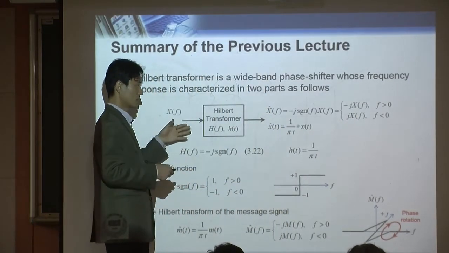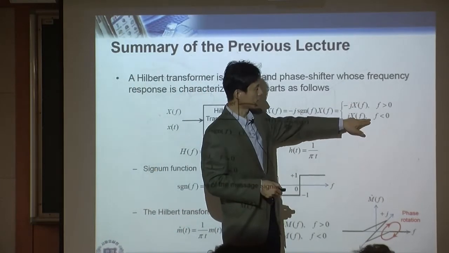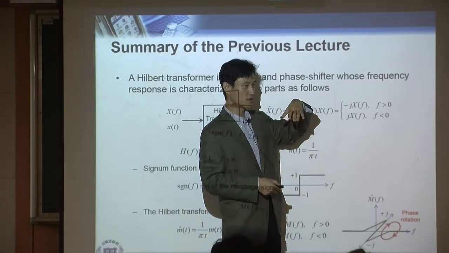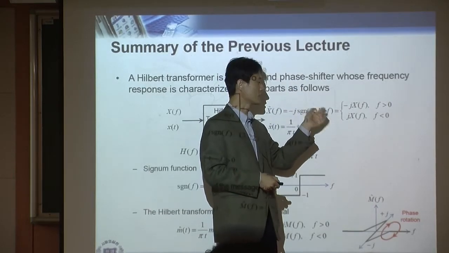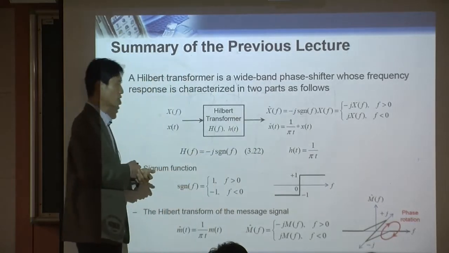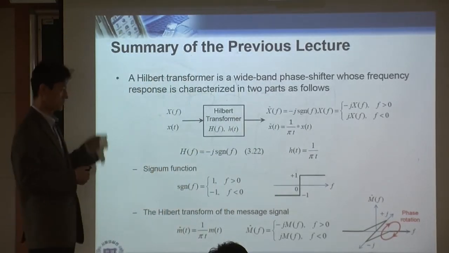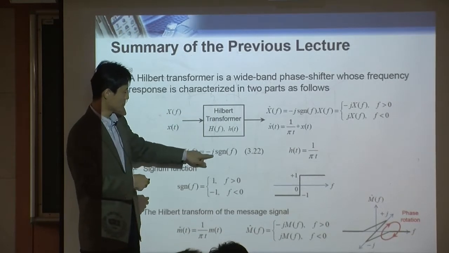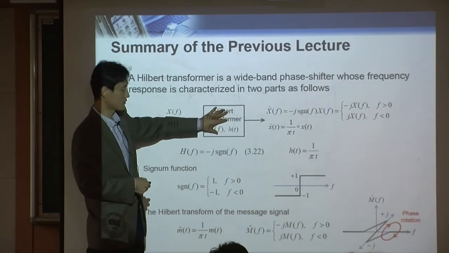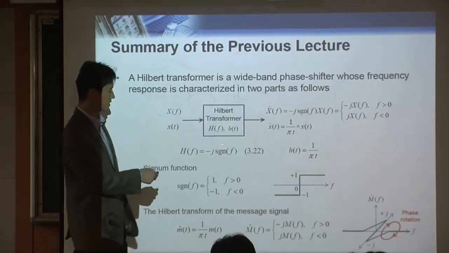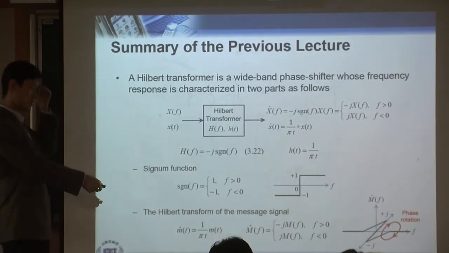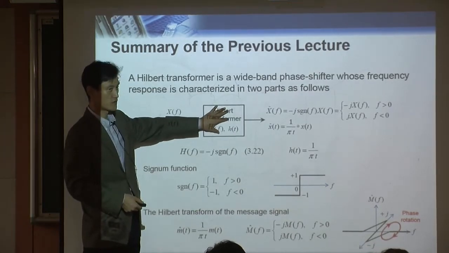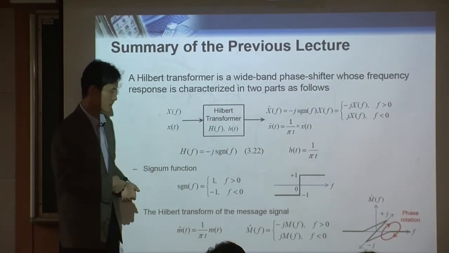So depending on positive or negative frequency, your X(f) is rotated by minus 90 degrees or plus 90 degrees. That's what happens in the Hilbert transform. Mathematically, the frequency response of the Hilbert transformer is minus j times the signum function, where the signum function is defined like this. That's the transfer function of your Hilbert transform filter.